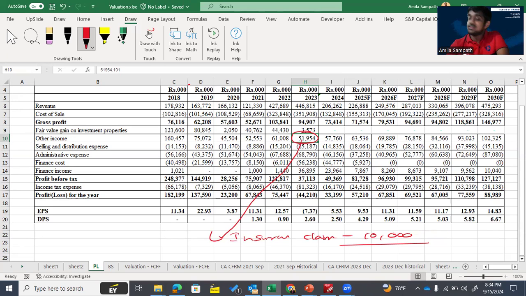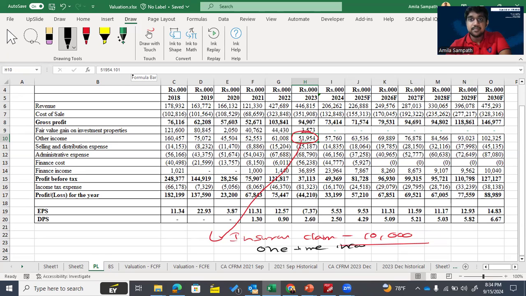Can we consider this insurance claim as our regular other income? No, it is one-time income, because each year we can't expect an insurance claim. We receive it based on unexpected situations or accidents. Therefore, we can say the insurance claim is our one-time income.